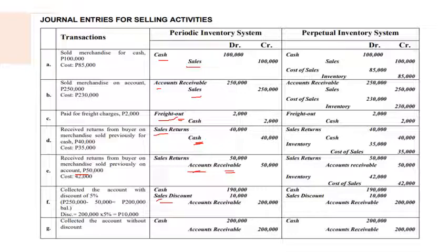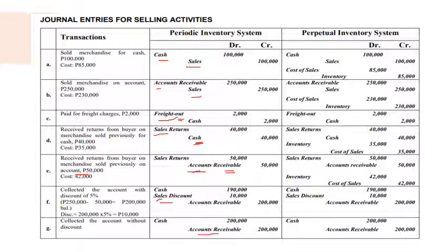If we collect without any discount, just simply reverse the accounts receivable. You credit accounts receivable and then we debit cash for the collection. So the entries for the perpetual inventory system are basically around 90% the same as all the entries in the periodic inventory system.